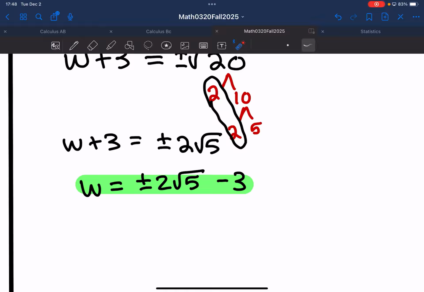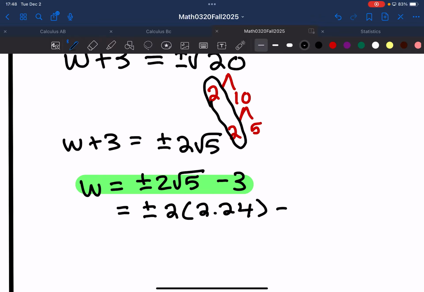So if I did the square root of 5, this would be equal to plus or minus 2 times 2.24 minus 3. So I'm just going to round to 2 decimal places.